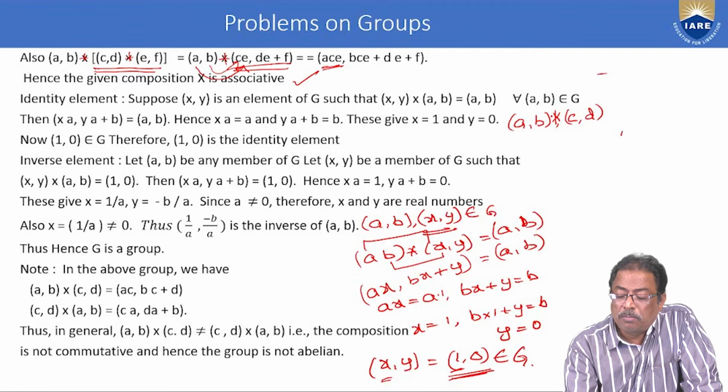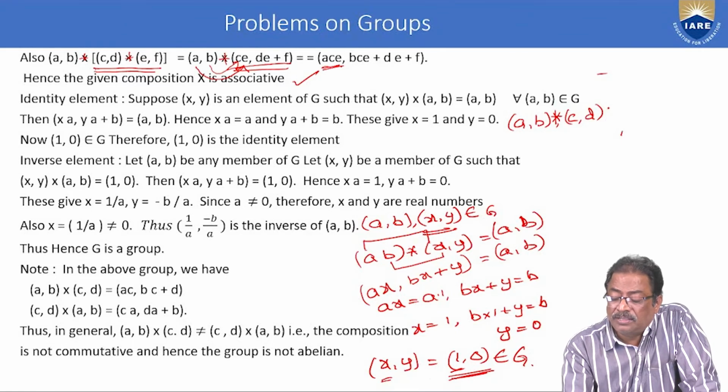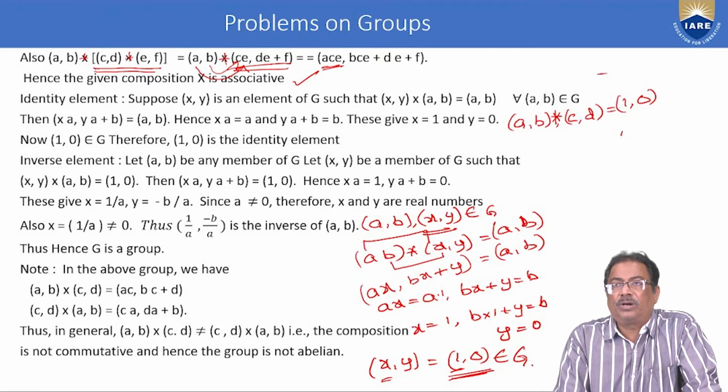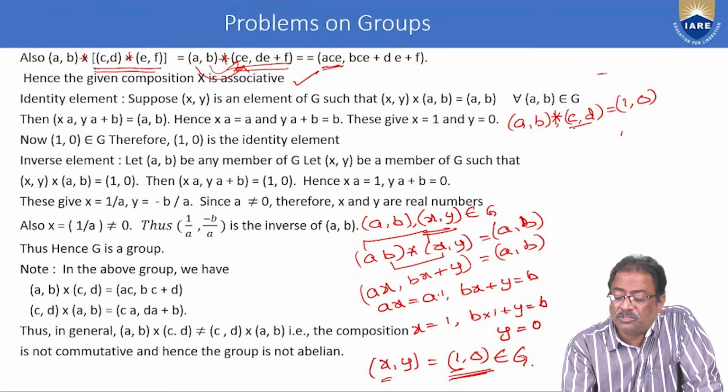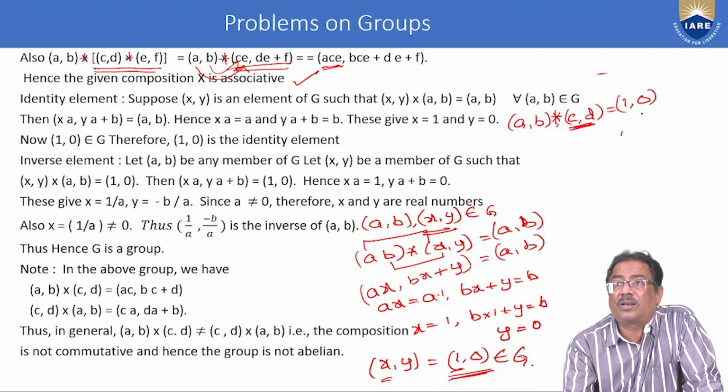If I apply the binary operation, we have to get the identity element (1, 0), because we are assuming that this is the inverse of that.